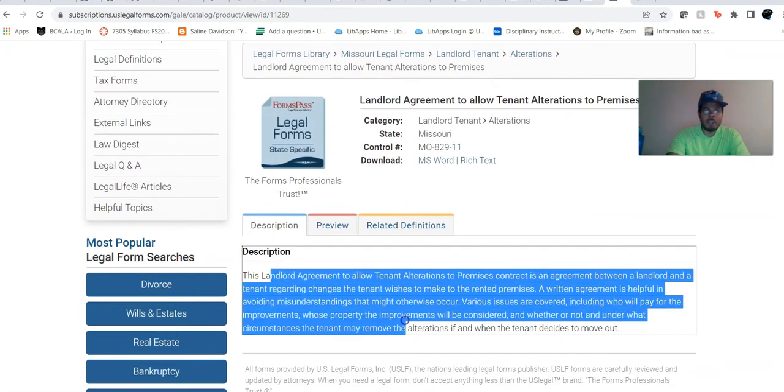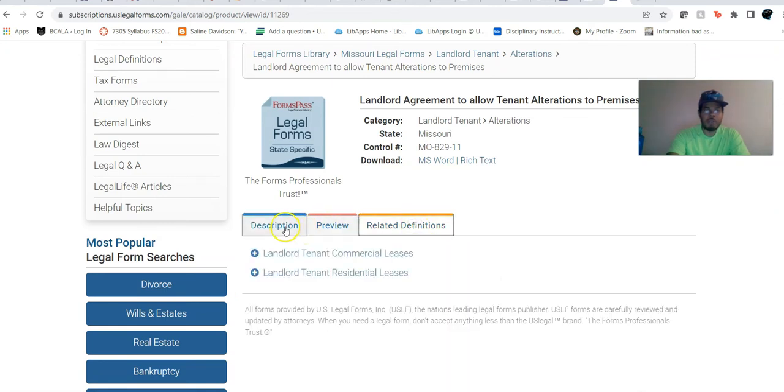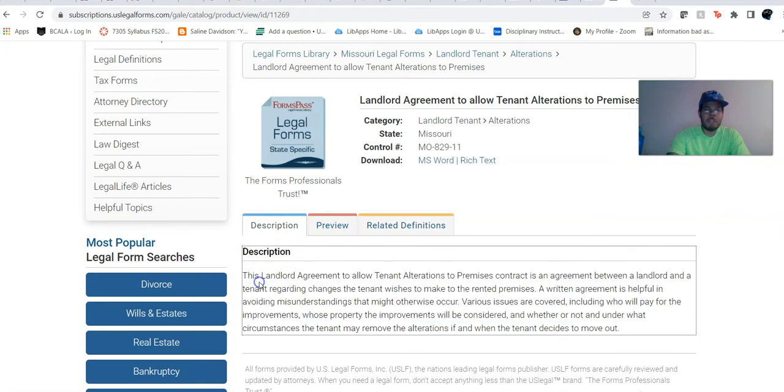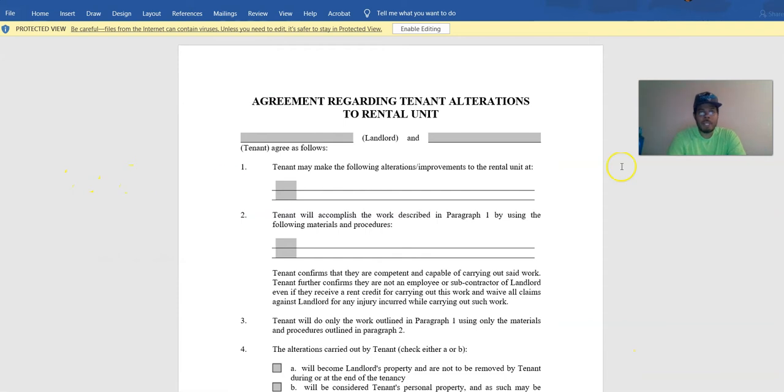You've got, again, a description, a preview, and related definitions. I didn't work too much with that. But if the description and preview lead you to believe that this is the appropriate form for what somebody is trying to accomplish, then you can go ahead and download. In this case, it's going to download into Word, and there we go.